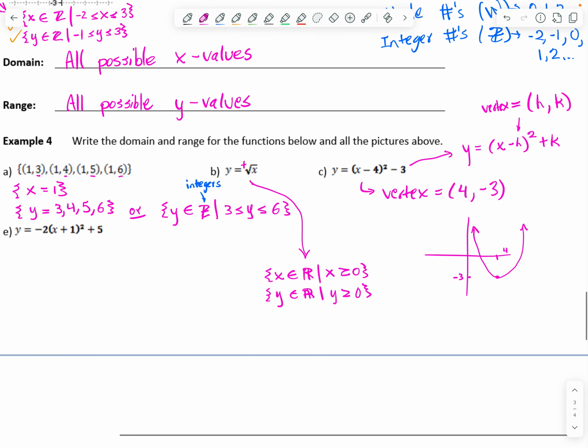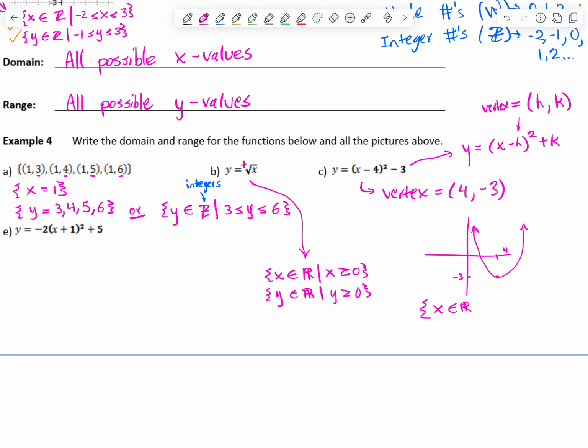If I want to write the domain for this, I would just say x is an element of the real number system, and that would be it for the domain, because this graph goes forever left and right in the horizontal direction.